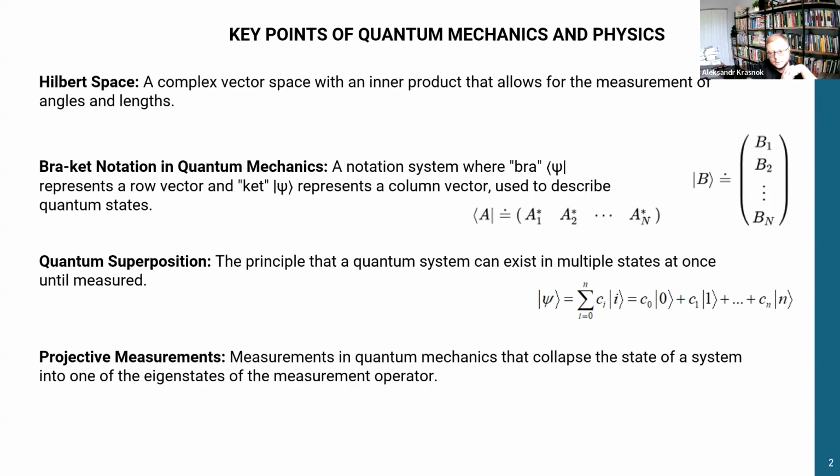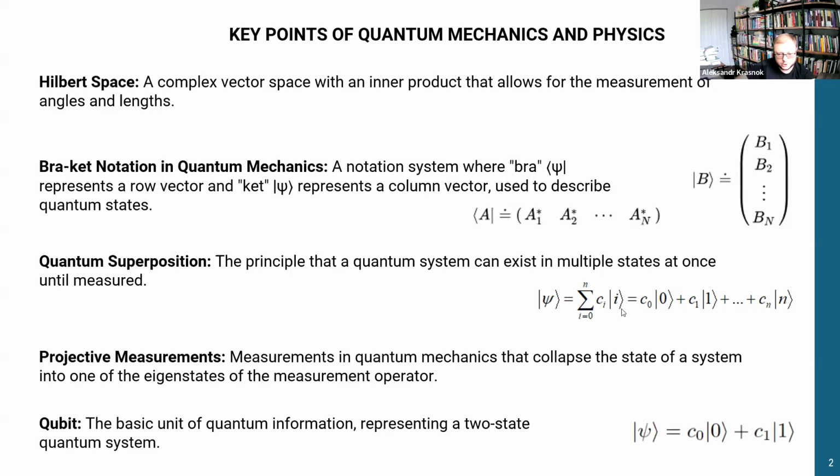We can just say the probability of getting this or that final result, and this probability is given by the absolute value squared of the corresponding projection coefficient. And of course, the sum of all the absolute values squared of the projection coefficients must add to 1, because the probability of getting any result is 100%.